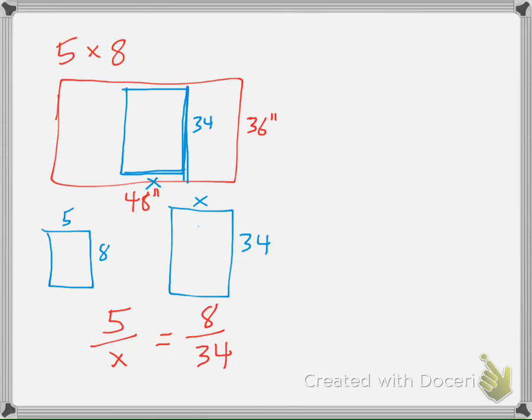And once I've got my proportion set up, it's just a matter of solving. 5 times 34 divided by 8 is 21.25. So this would have to be 21 1/4 inches wide.